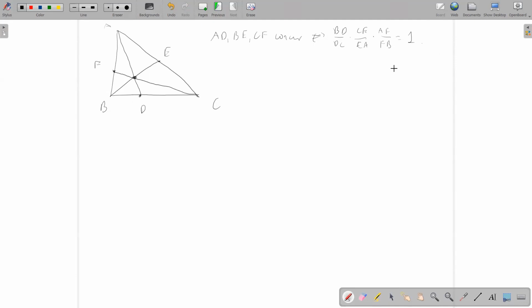And so the idea here is, if you look at D, what are its barycentric coordinates?